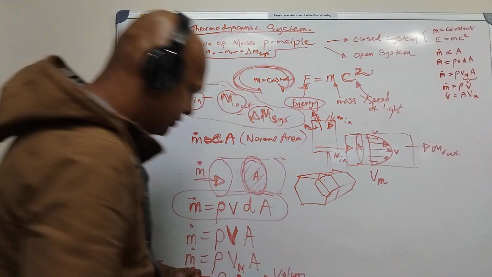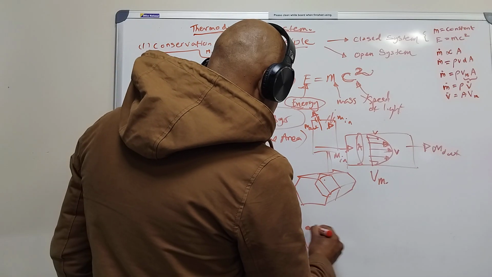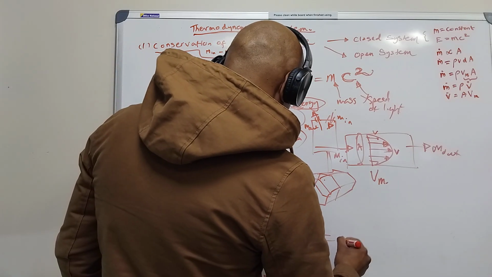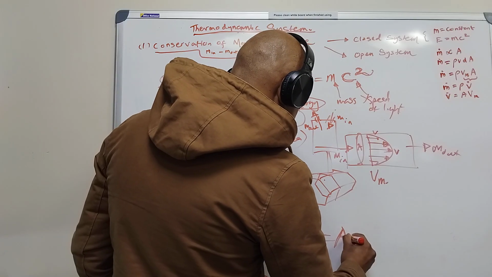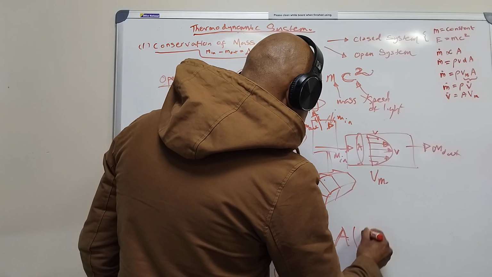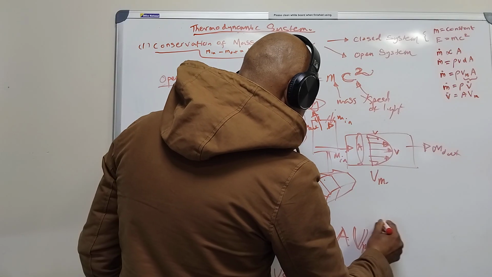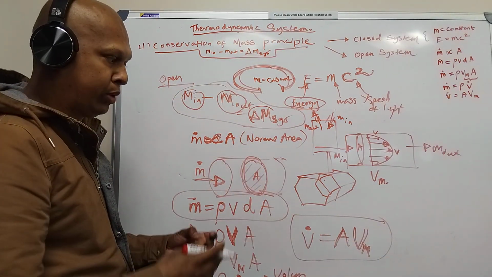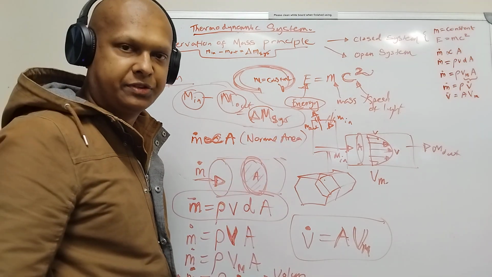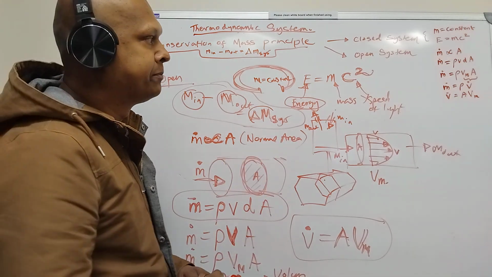So at the end of the day, volume flow rate equals A, the cross-sectional area, times Vm, the mean velocity of the flow through the duct or whatever physical object the flow is going through.